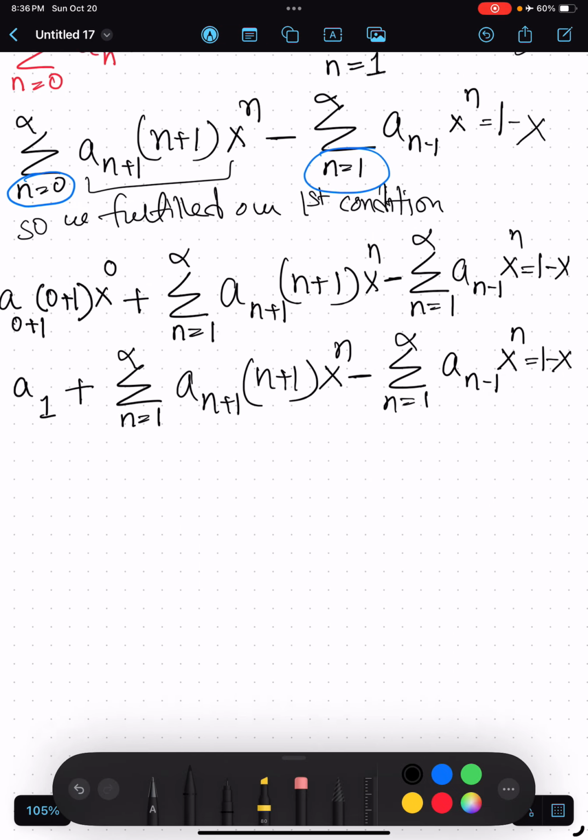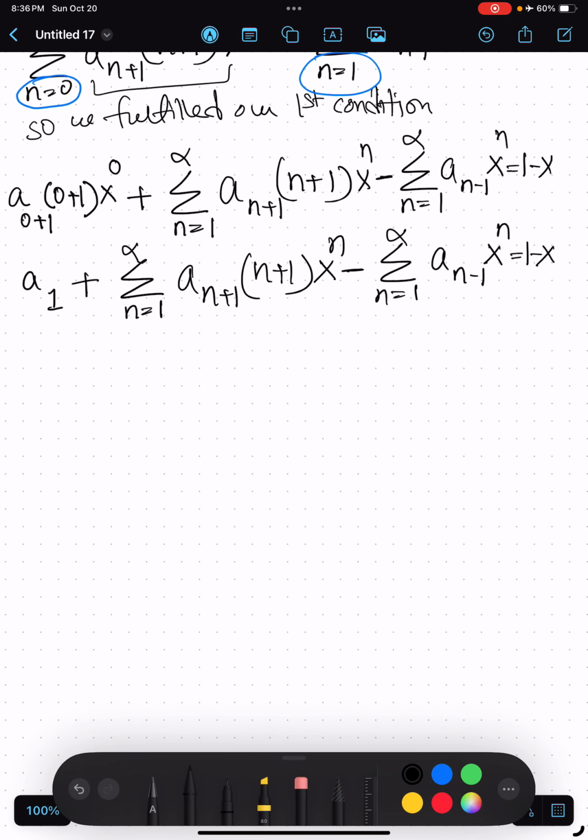Now what do we see over here? We see that my powers of x is the same and my starting indexes are also the same. That means finally we have met the two conditions. That means we can combine them into one.